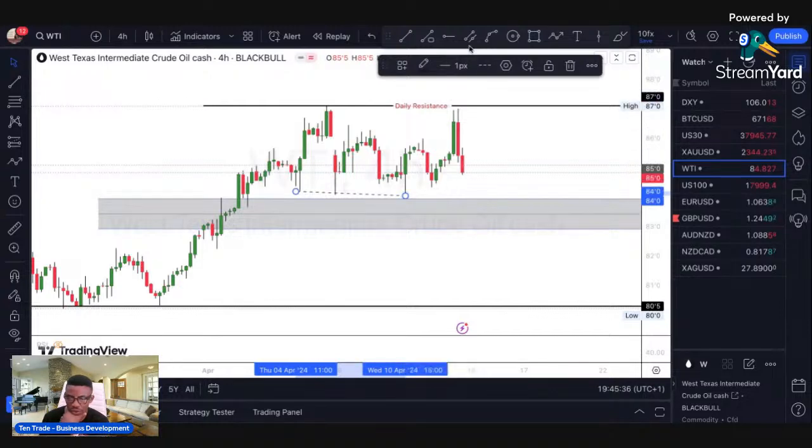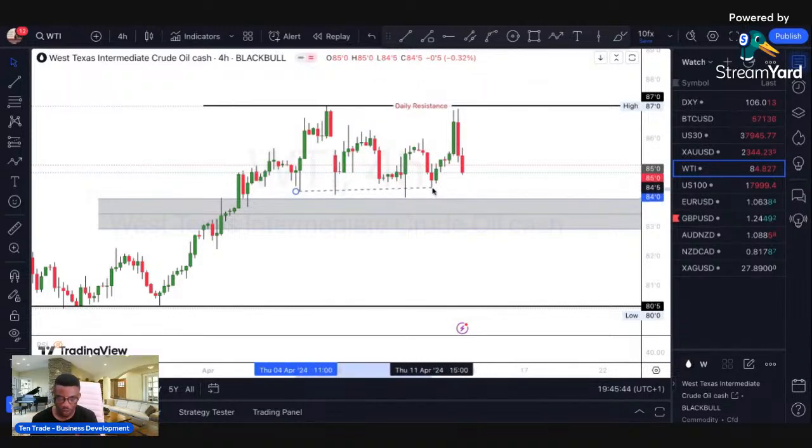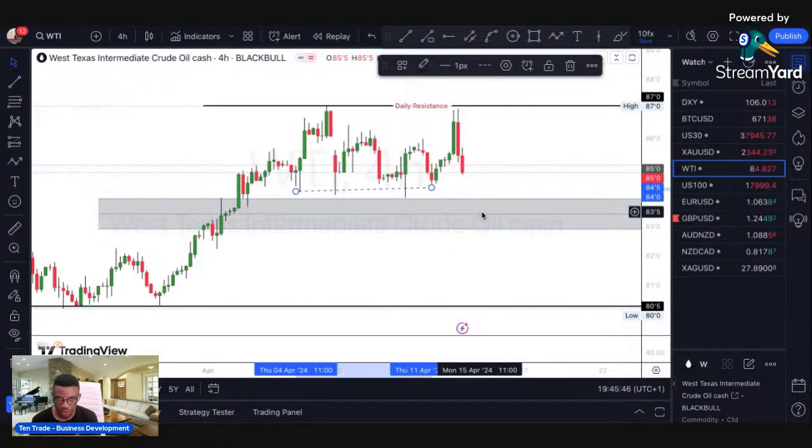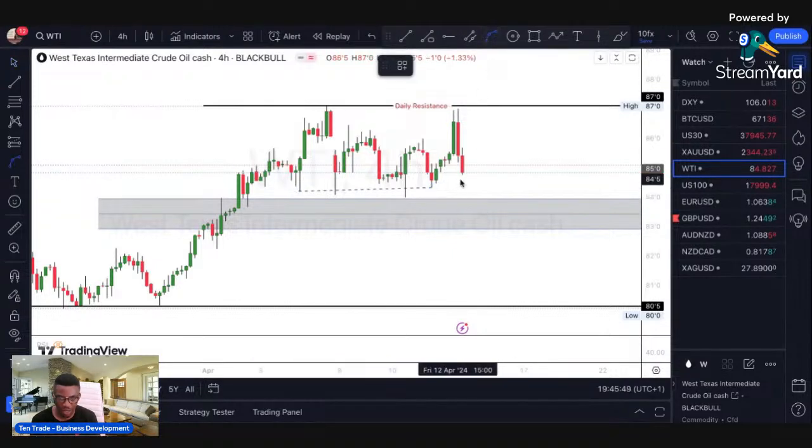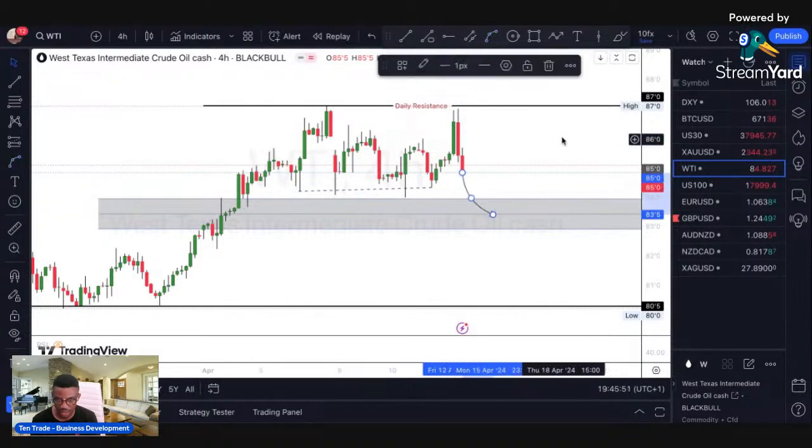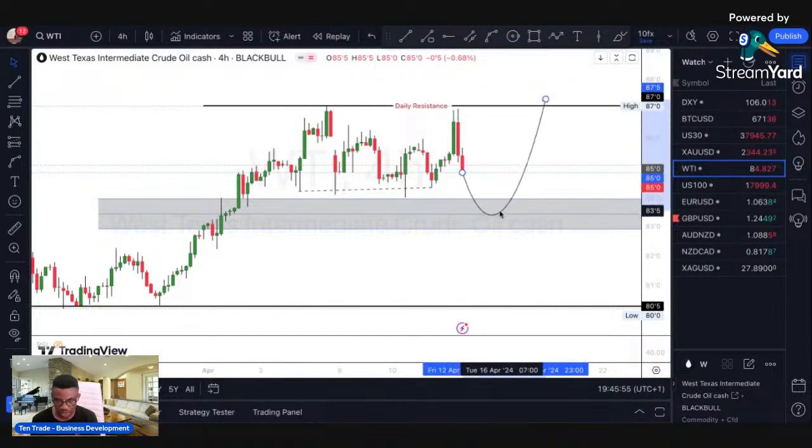So the price will fall down to these areas, sweep all this liquidity, and dive into this weekly area of imbalance here. This is the best place we're looking at buying oil. When we buy from here, it's our two eyes open, our two eyes closed.